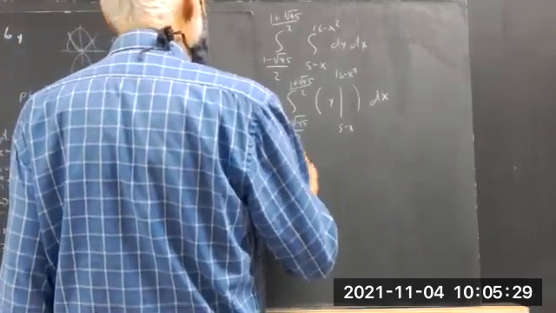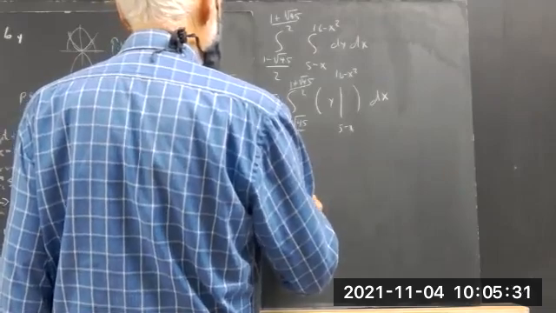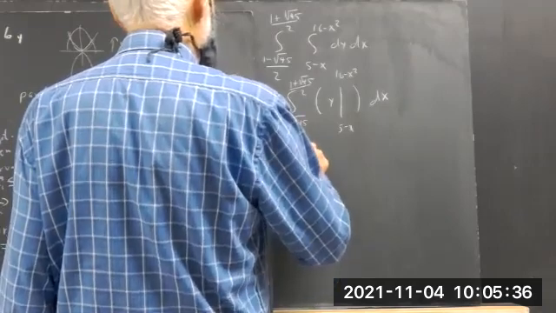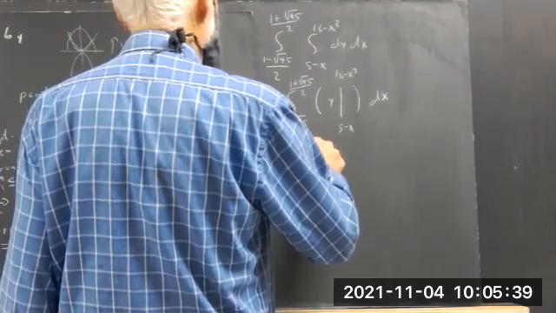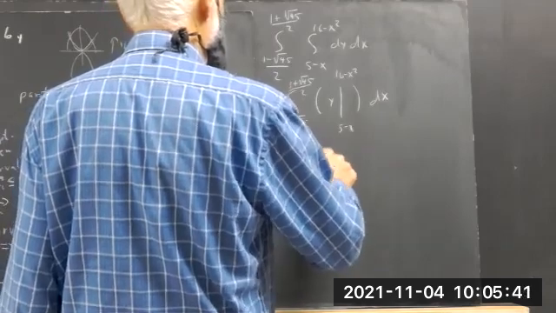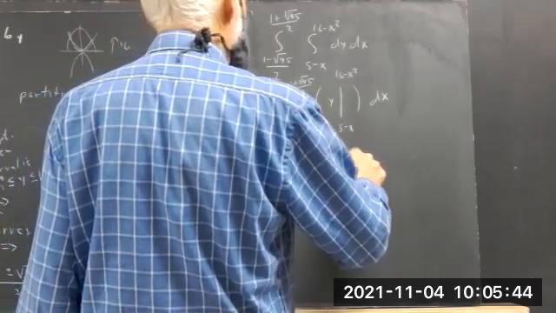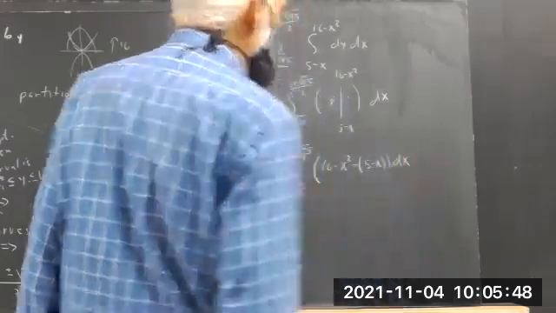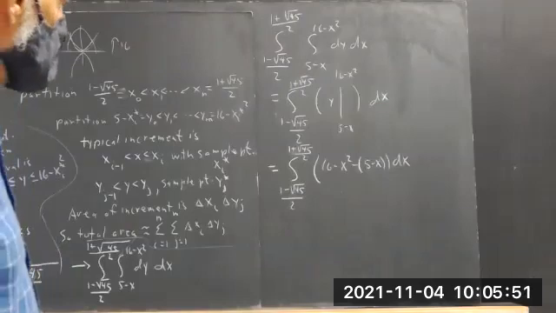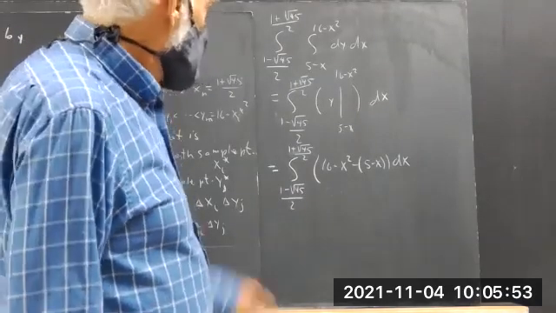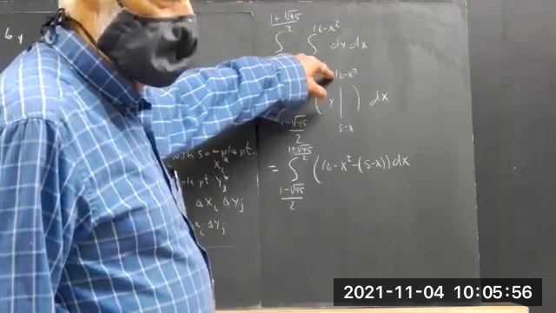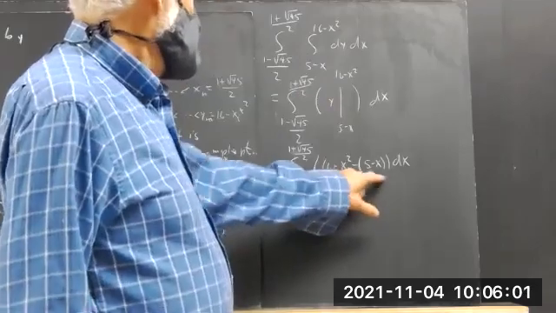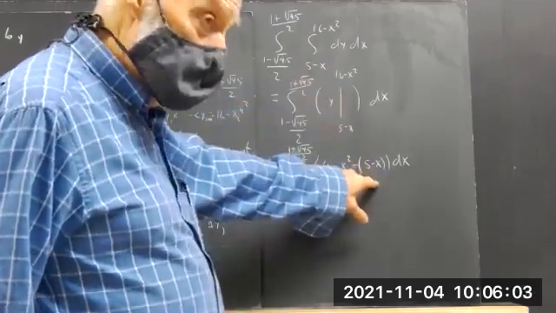It's kind of neat how this works out. When you substitute 5 minus x and 16 minus x squared, you get 16 minus x squared minus the quantity 5 minus x.